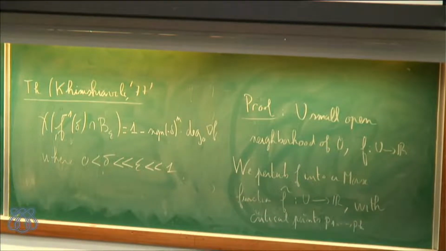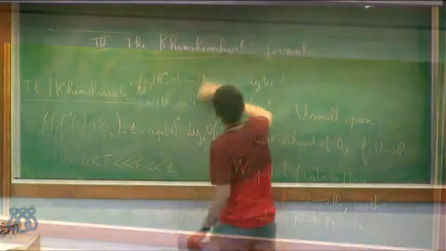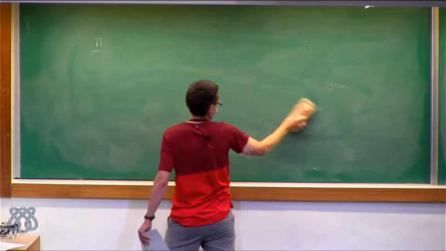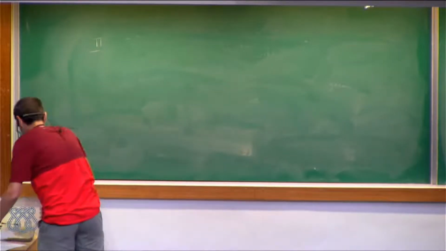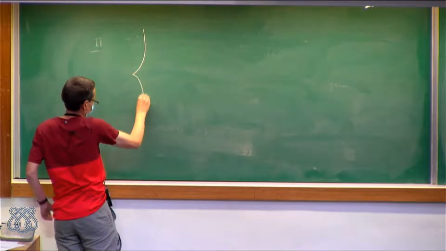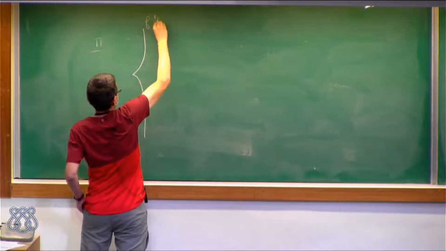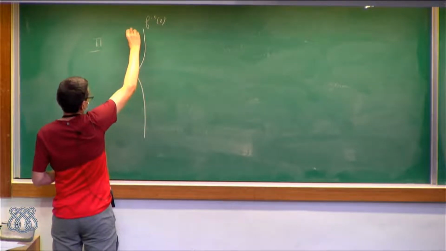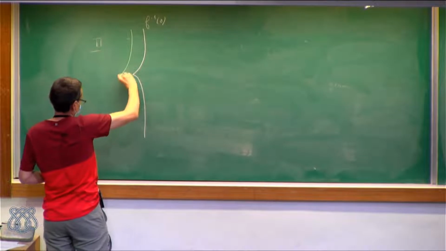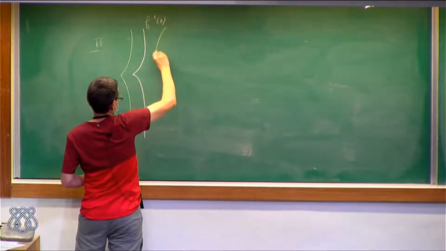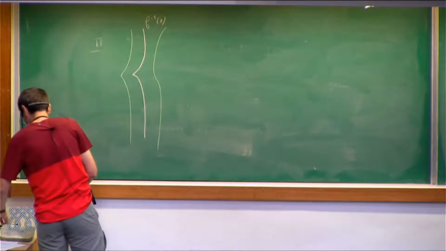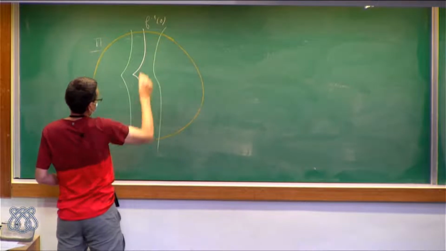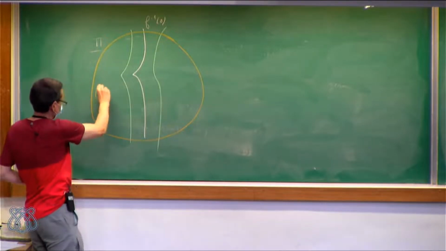You will recognize the picture. This is my zero level, and here I have the negative fiber, here the positive, and I work in a small neighborhood here. This is U.